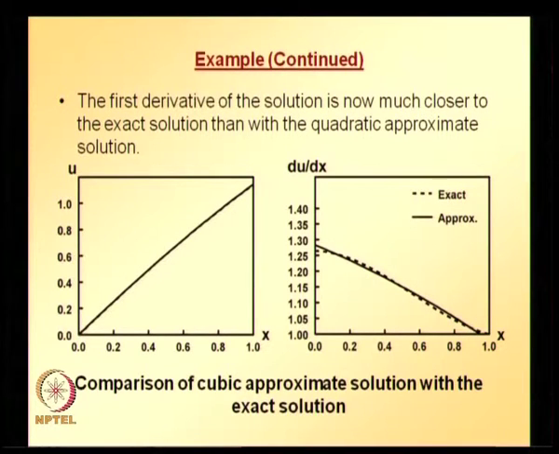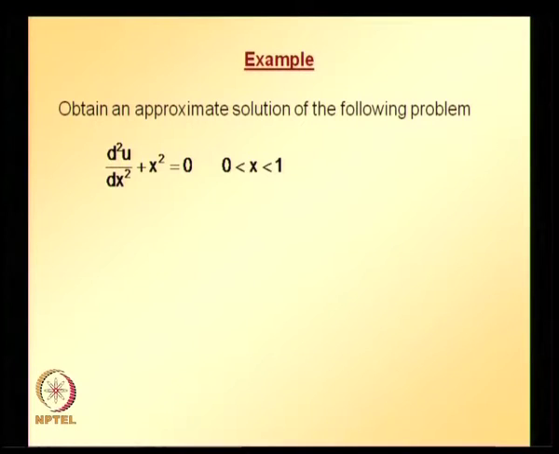Now let us take another example. This example is similar to the previous example, but here we will try using quadratic, cubic and quartic trial solutions, that is, a 4th order polynomial trial solution.